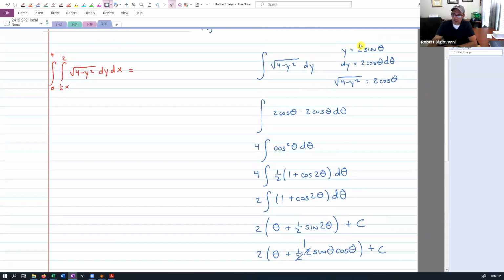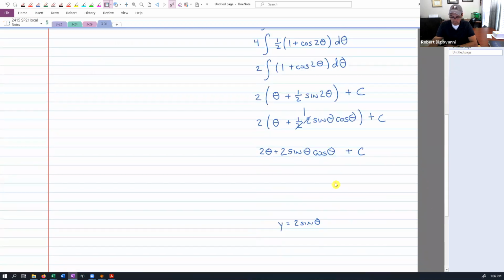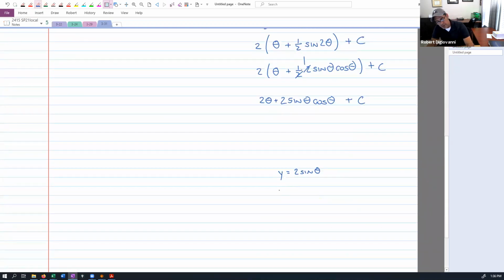So I go back to my original trigonometric substitution, and I solve for sine theta. That allows me to draw a reference triangle, where this is theta. Sine, by definition, is opposite over hypotenuse, so I can call this side y and this side 2.